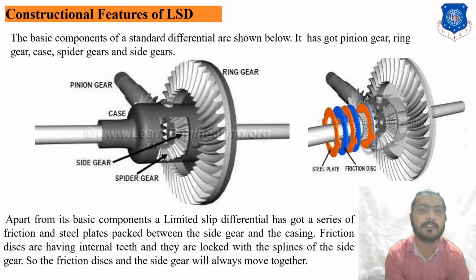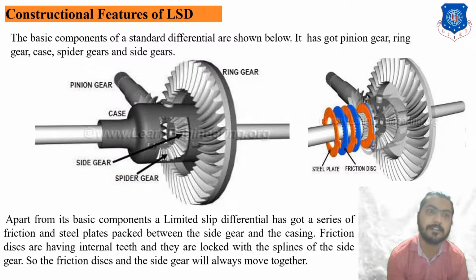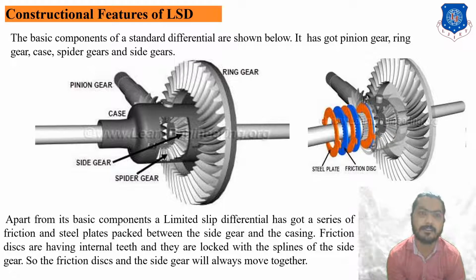This is the construction of the LSD, the basic components used in it. The mechanism as a whole is like the previous standard differential, but some things are added. It has pinion gears, ring gear, case, spider and side gears, all the same as a standard differential, but here we also use plates: steel plates and friction plates.